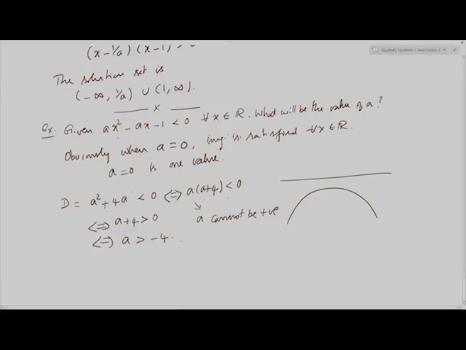Therefore, a belongs to only this open interval, minus 4 to 0. Already a equal to 0 is a solution, therefore the complete solution set is minus 4 to 0, not an open interval. I can include the 0 also, because a equal to 0 also is a solution.